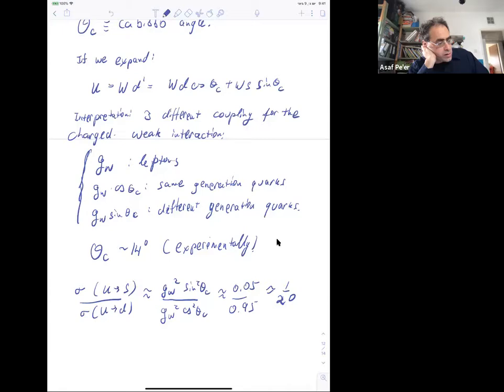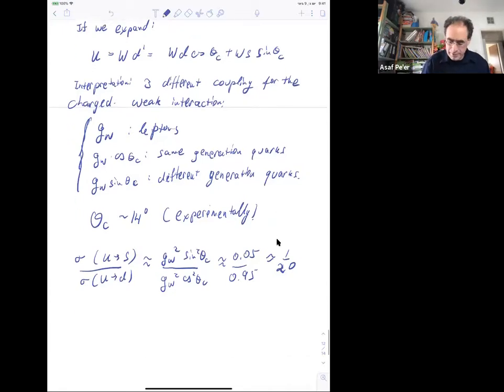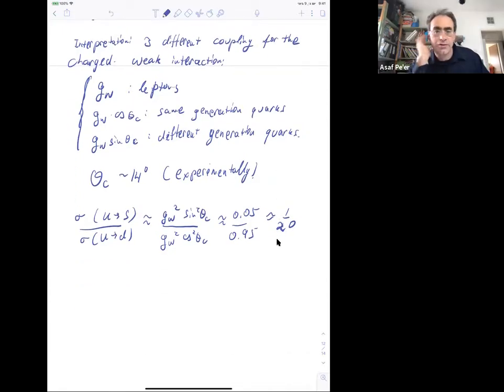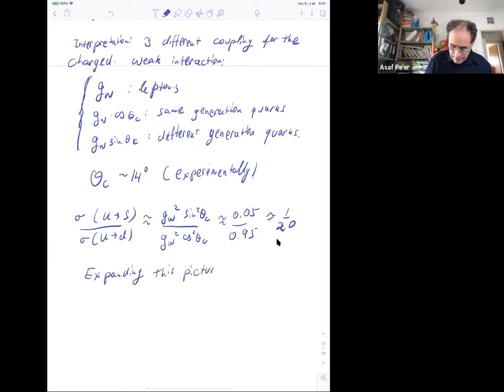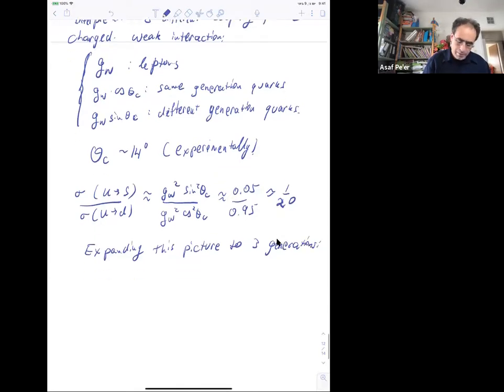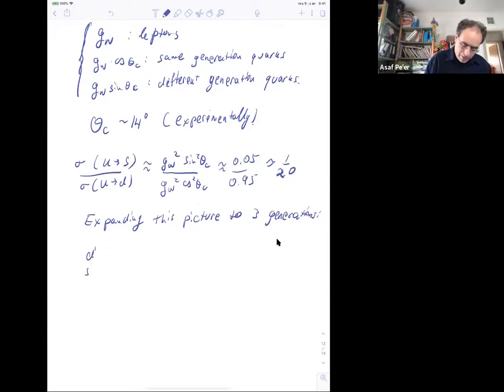Now, let's expand the picture. There's nothing that prevents us from expanding this picture to 3 generations. We have the D prime, S prime, and the bottom prime.